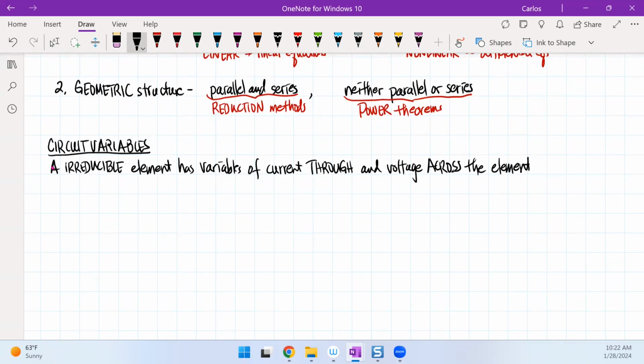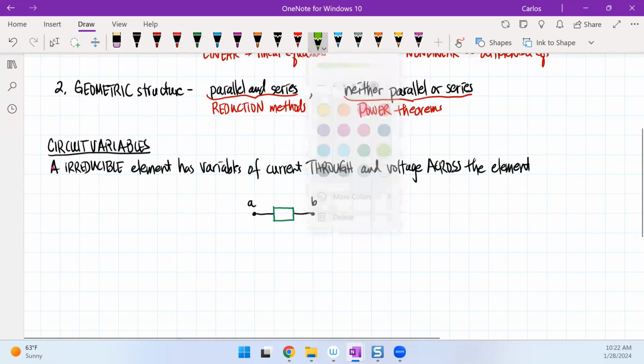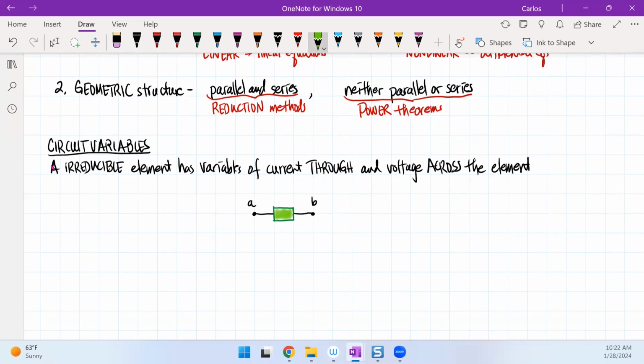So if we were to just draw this, we have two terminal points, A and B, or nodes, and then we have the element itself. This element has to have a voltage across it in order for current to flow through it.